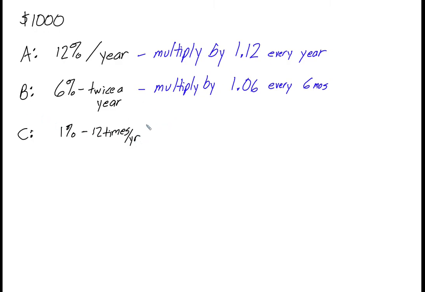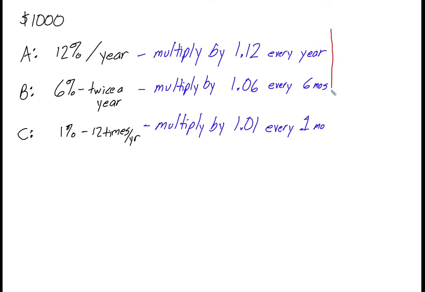And the other way we could say that is that we're going to take our money and we're going to multiply it by 101%, 1.01, every 1 month. So let's look at what happens to that money in the span of 1 year.